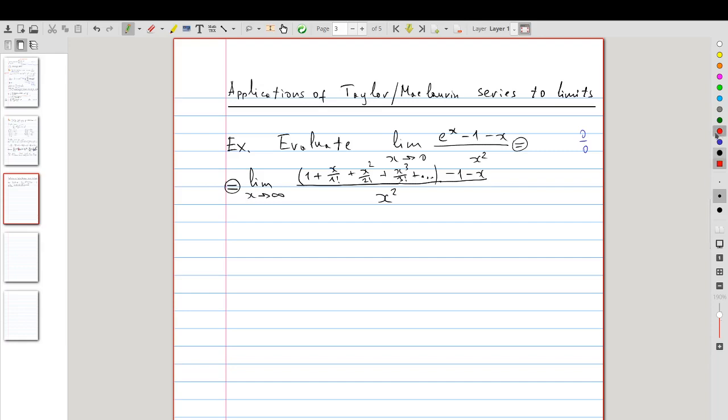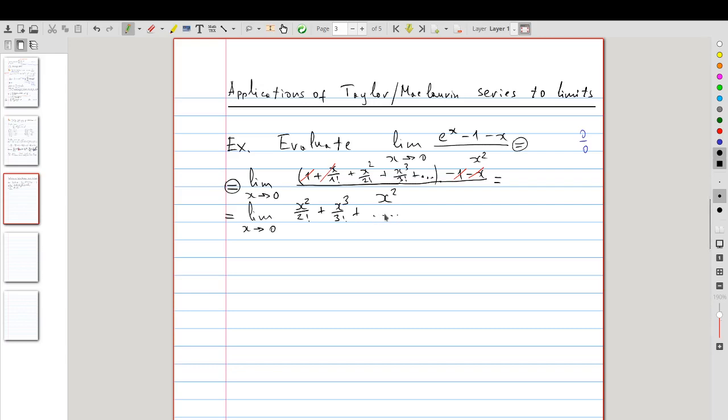Great. Now observe that the terms 1 and x, which are part of our infinite series, will cancel with the terms that are being subtracted here, which results in the limit as x goes to 0 of, in the numerator, part of my series, which starts now with x squared over 2 factorial, the first two terms being cancelled out already, plus x cubed over 3 factorial, plus and so on.